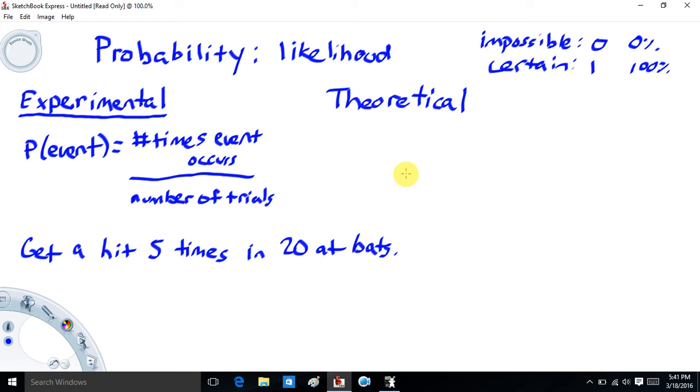Find the experimental probability of getting a hit. So the number of times the event occurs, which is a hit, that's 5 out of the total number of times, which is 20. The probability of getting a hit is 1 over 4. That's a simple example.